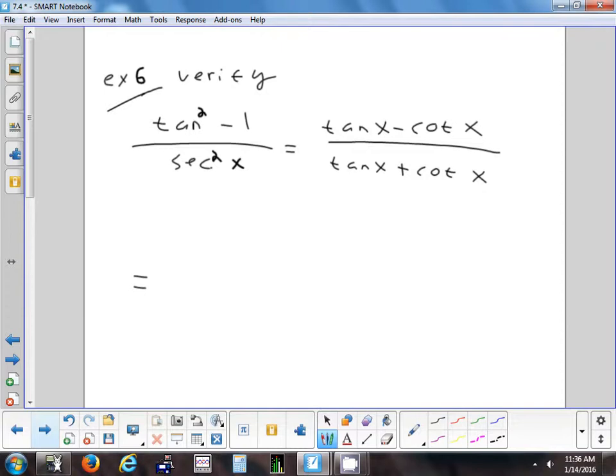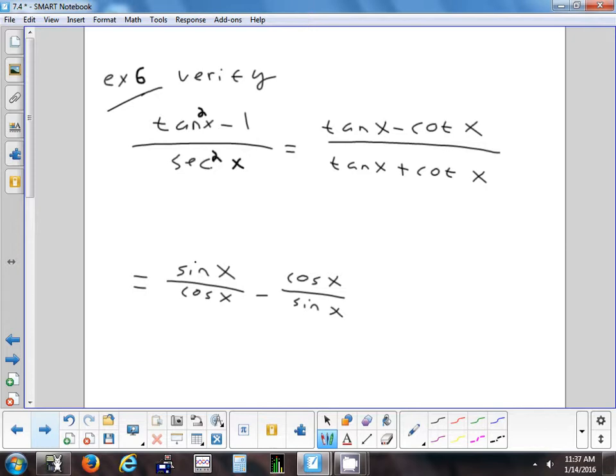It's supposed to be tangent squared x minus 1. Oh, thank you. All right, so we got sine over cosine minus cosine over sine. And then it's just reversed.